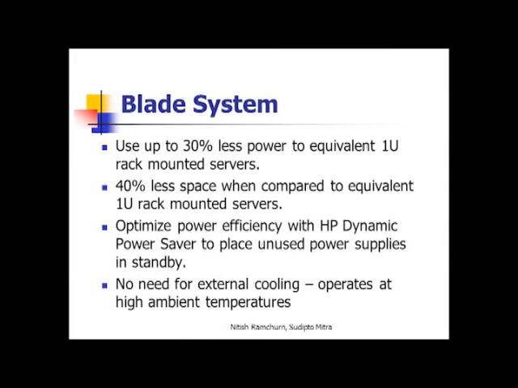The blade system has many redundancy features, which makes it a very reliable piece of hardware. The redundant cooling and power system alone are a big feature in the blade system. Also, according to HP, the blade system uses 30% less power than its equivalent rack-mounted server, and also 40% less space.